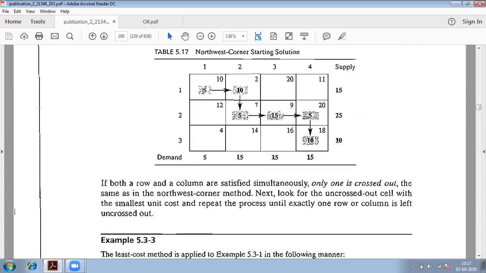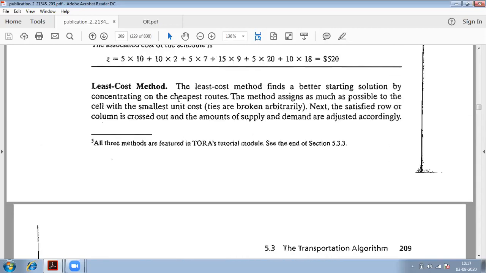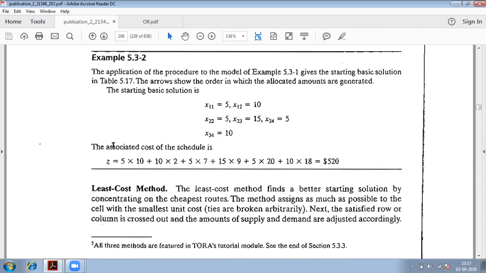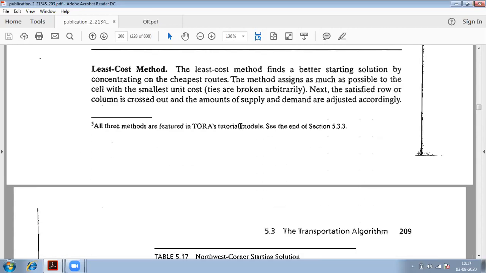So like this, 5 into 10, 10 into 2, 5 into 7, 15 into 9, and 5 into 20, 10 into 18 is the cost of transportation. The associated cost of the schedule is $500 or pounds, whatever it may be. So this is the way you have to estimate. Next, the least cost method.